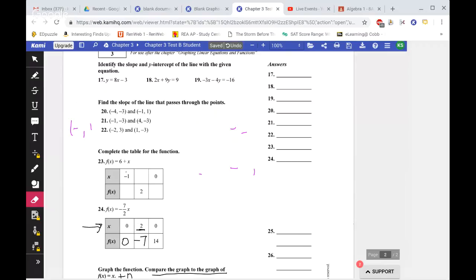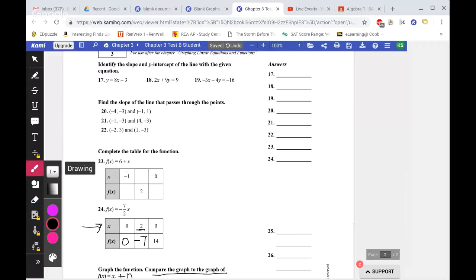You got 0 over 5? Yes. That would actually be a horizontal line. Yeah, that's what I meant. Okay.